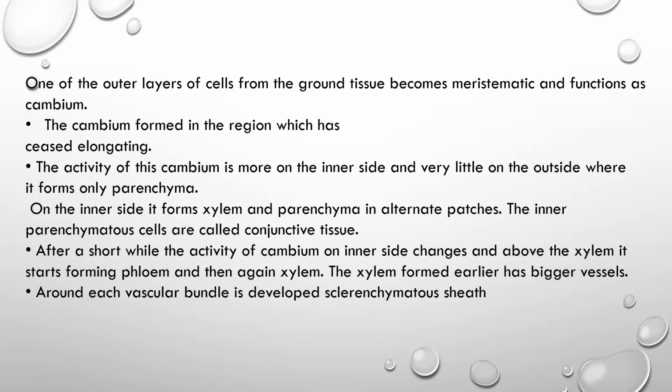The parenchymatous cells present on the inner side are called conjunctive tissue. After a short while, the activity of the cambium on the inner side changes, and above the xylem it starts forming phloem and again xylem. This is the abnormal activity. The xylem formed earlier has bigger vessels, and each vascular bundle develops a sclerenchymatous sheath.